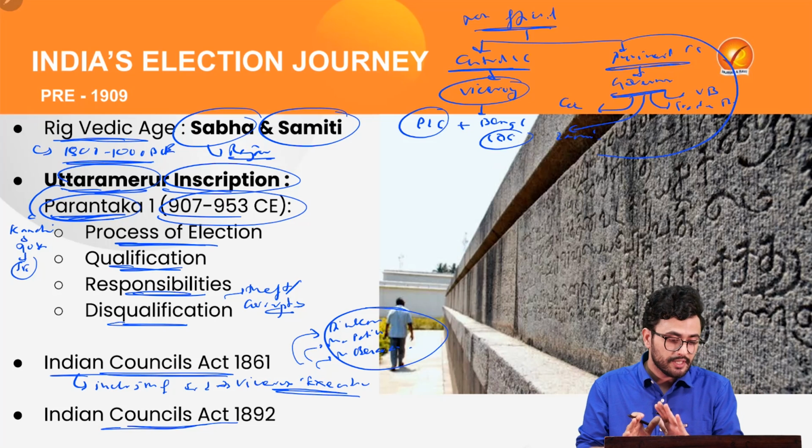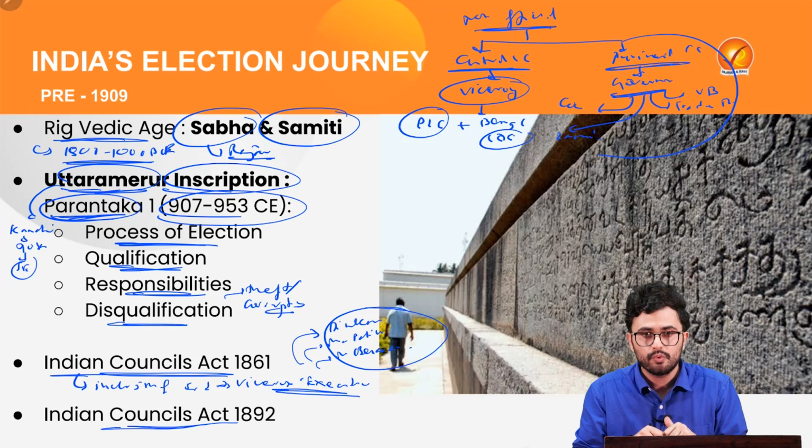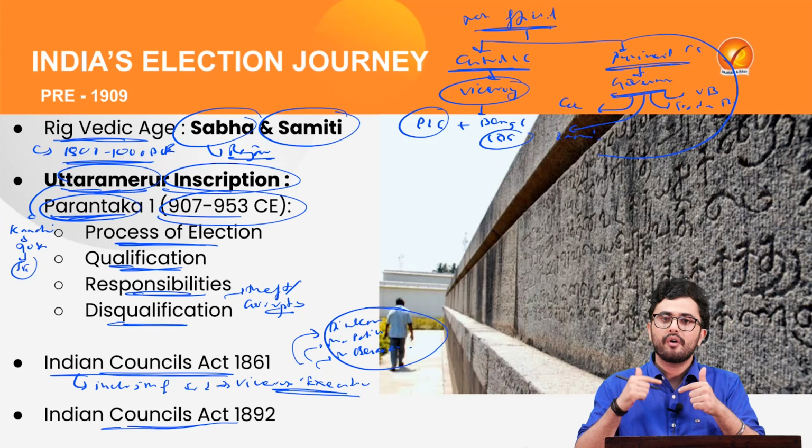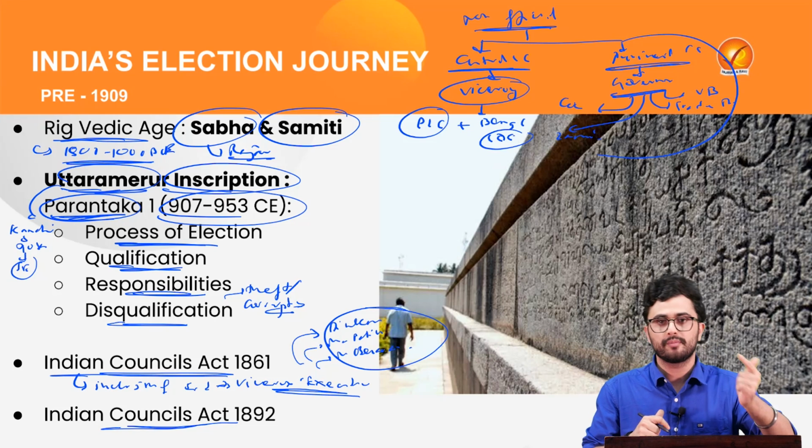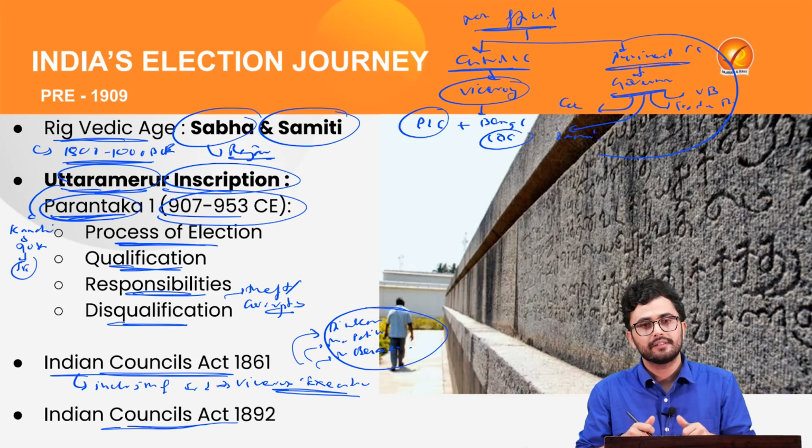Thus, as we have seen, till the year of 1892, there was only the provision of indirect election or nomination by the Viceroy and the governor.